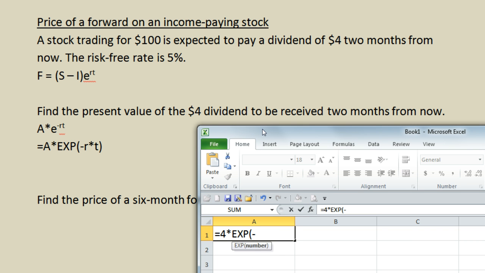The interest rate is given as 5% times the time. 2 months from now is 2/12 of a year. So the value of this dividend is going to be 3.9668, and it's up to you what you want to do with the rounding here. 3.97 would certainly be sufficient, or you can leave that entire amount if you want here.